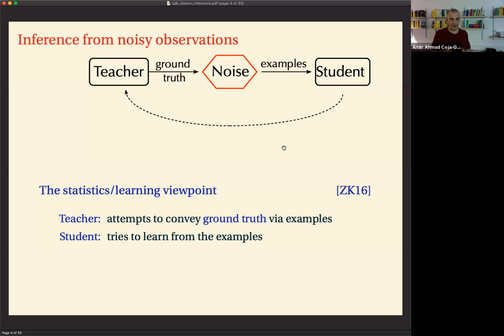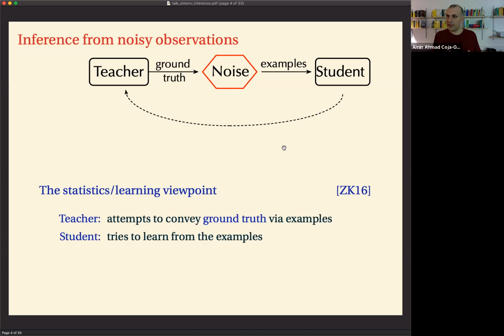And the teacher finds themselves unable to just convey the ground truth verbatim, and instead presents the students with a number of noisy examples that are generated on the basis of the ground truth. And depending on the quality of the teacher, some of the examples might contain valuable information, others might be misleading.